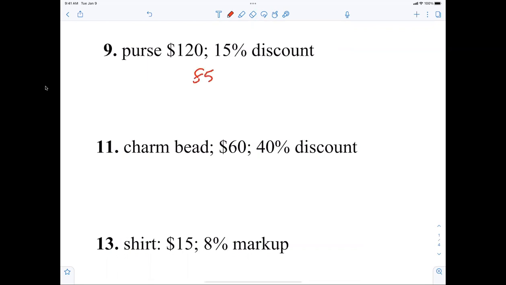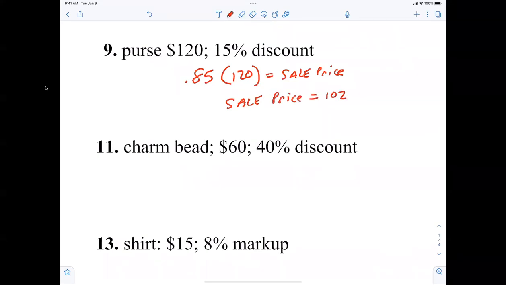Okay, 85%. That is equal to the sale price. And go ahead and do that for me, please. Sale price is equal to $102. Does everybody agree with that?